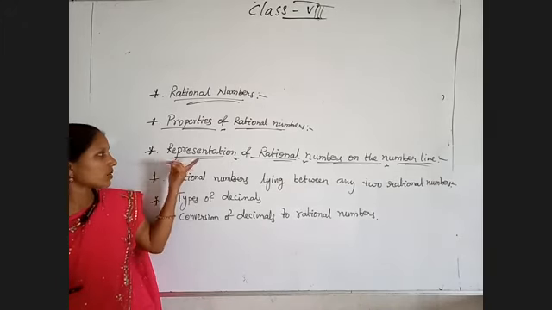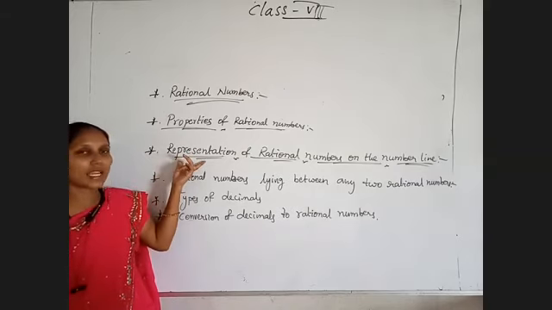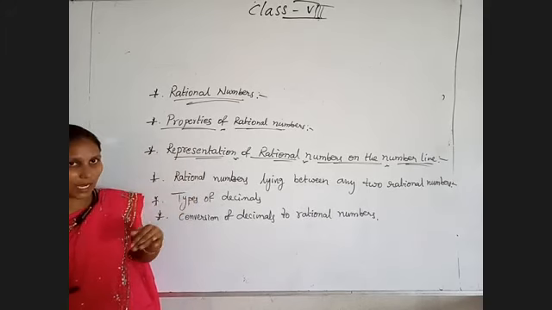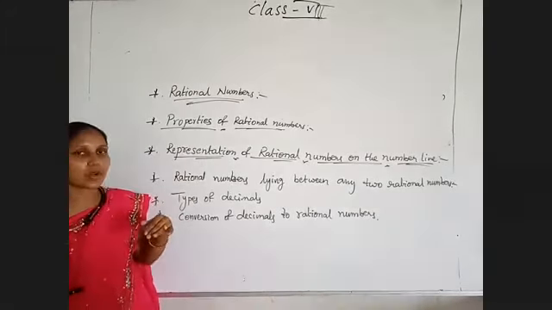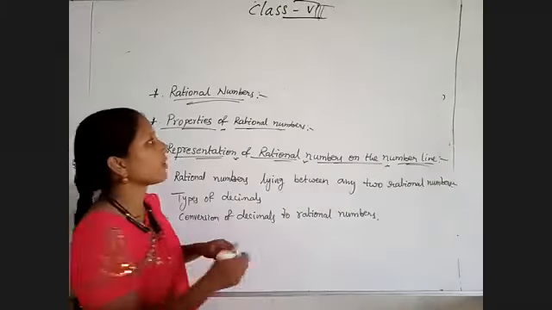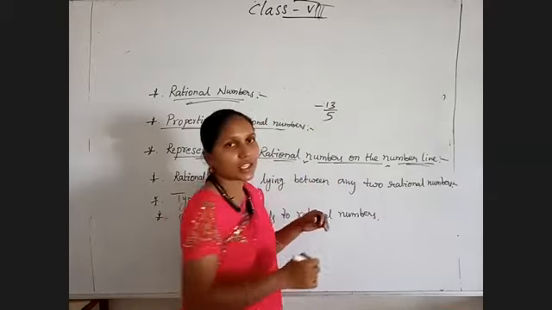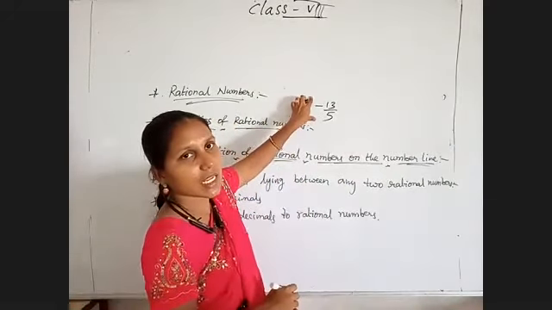And coming to the representation of rational numbers on the number line, in this we have observed how to represent a rational number on the number line. Where does it lie? Suppose I have given minus 13 by 5. It is a rational number, and I want to say where it is lying on the number line.